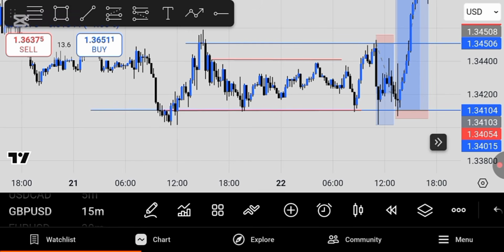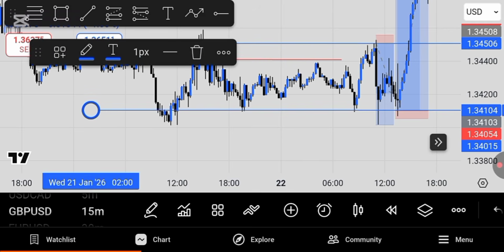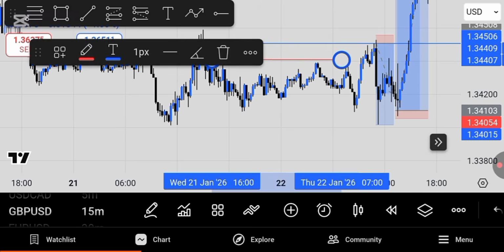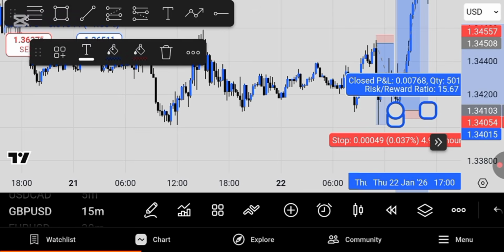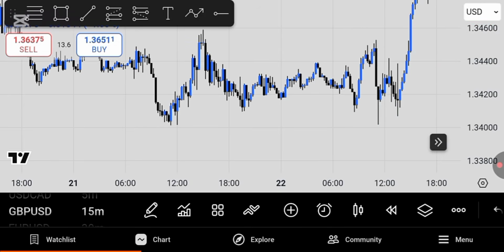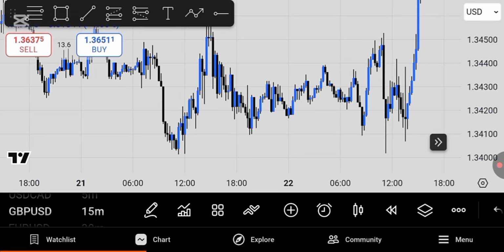So let me explain. Let me clear the chart so we can explain. First, for MSNR, you don't mark your POI on the lower time frame.